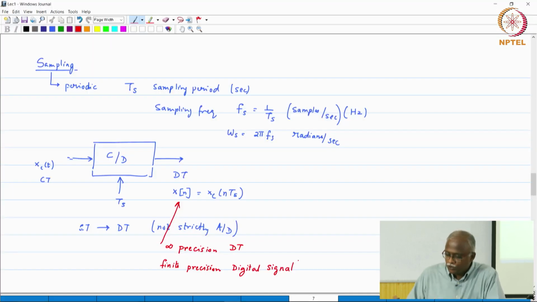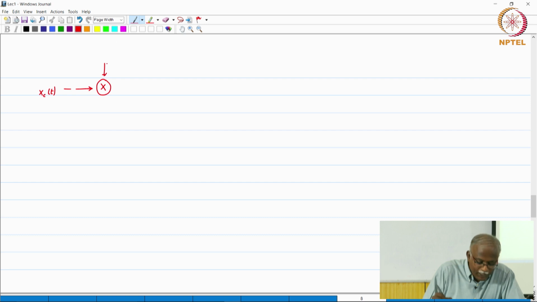Now, to introduce what would be inside a C to D, I have a continuous time signal. I would have to multiply this with an impulse train, S of t. I am going to write it as an impulse train. S of t stands for the sampling signal, the impulse train.